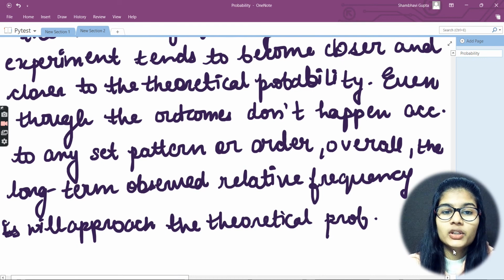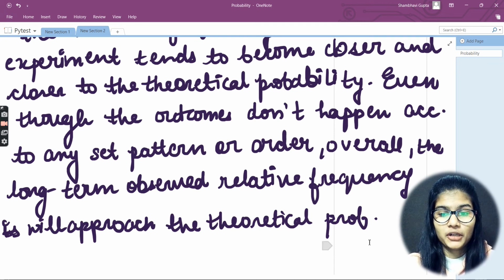Even though the outcomes do not happen according to any set pattern or order, overall the long term observed relative frequency will approach the theoretical probability.